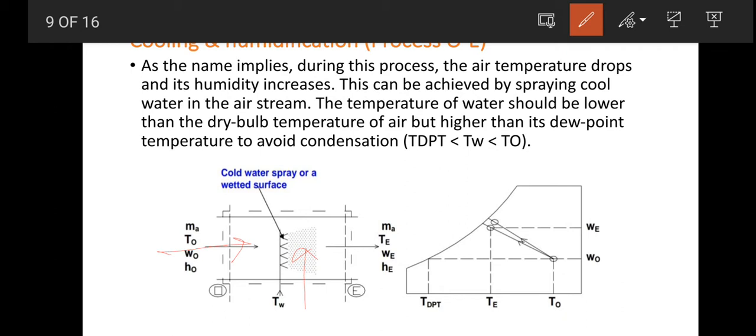So in that case the mass flow rate of air will be the same again, the exit temperature is Te, We is the specific humidity of the exit air, and He is the corresponding enthalpy. Okay, if you plot this, it will be shown here. So O is the initial point and E is the exit point.